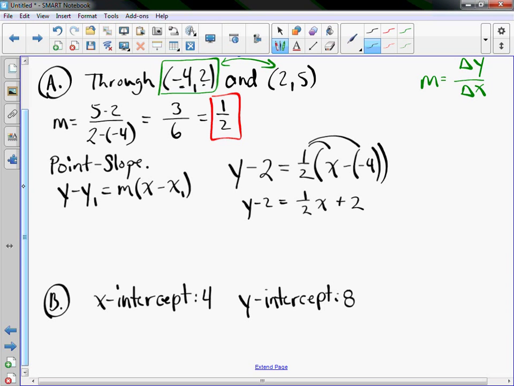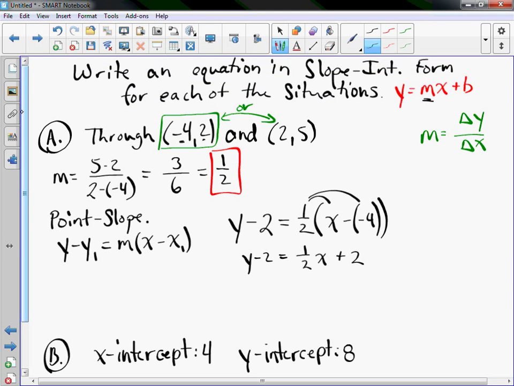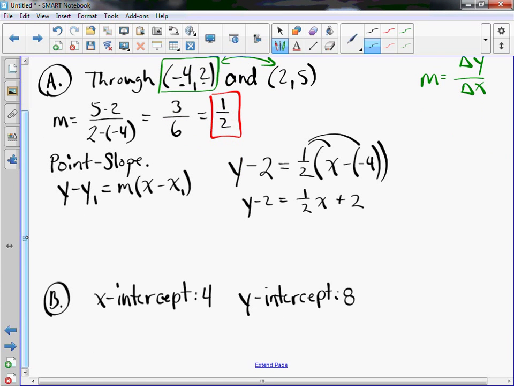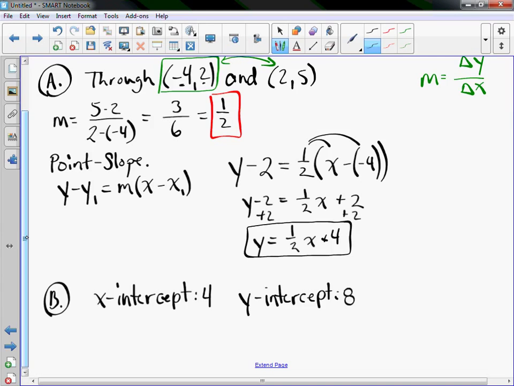I'm close, because I should have y equals mx plus b. Right now I have y minus some number equals mx plus some other number. So get y by itself by adding 2 to both sides, because that's the opposite of subtracting 2. So I have y equals 1/2 x plus 4. That's a nice way of finding the slope-intercept form of a line passing through 2 points.